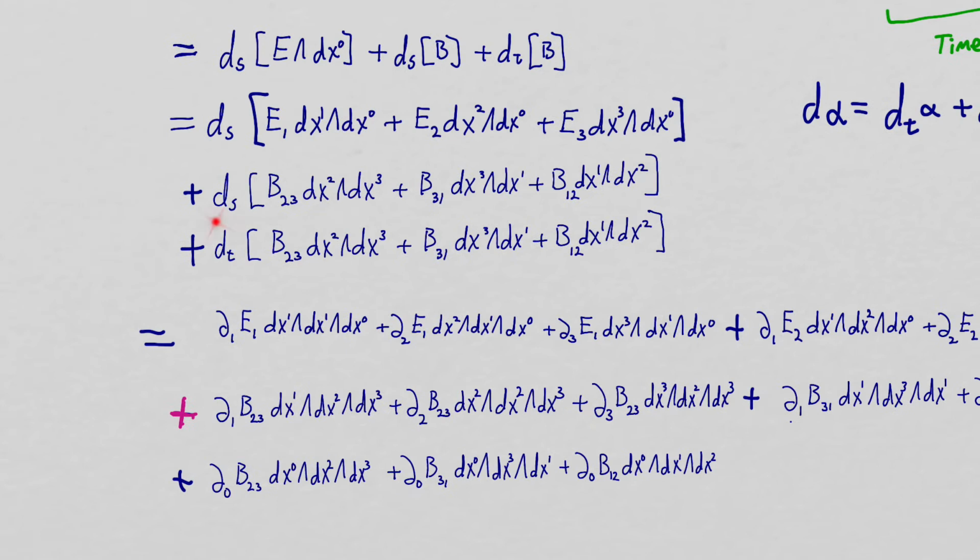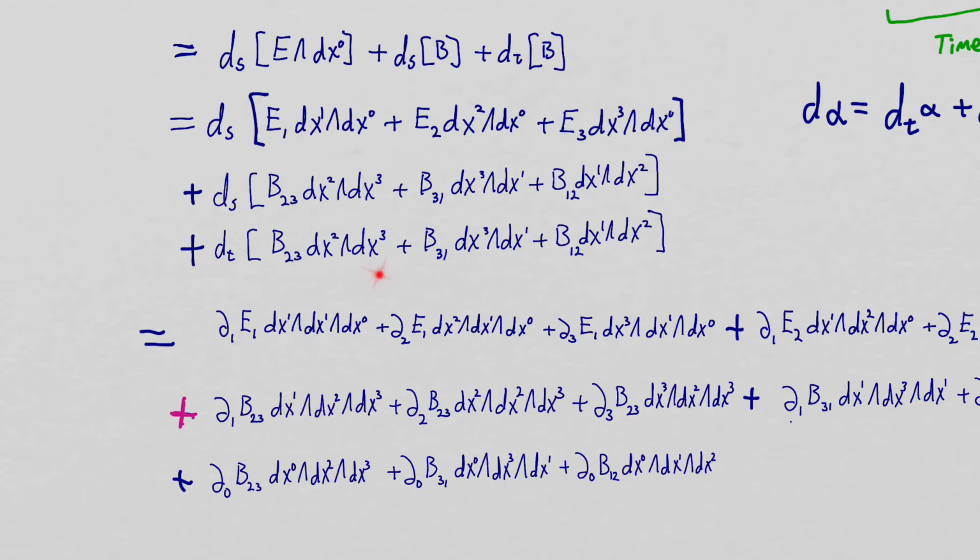And then lastly, we take the time piece of the magnetic field, and what we discover is this time there's only one derivative to take. This is the only one that has a time piece left in it, because the time part for this term went away.